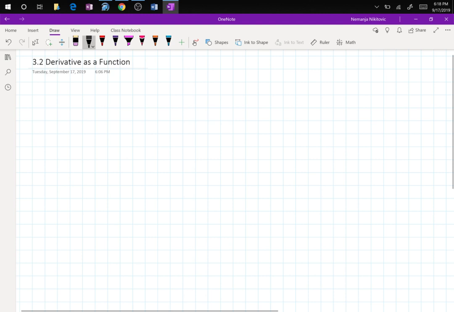We had a problem, I guess, where we said that f of x is, let's say, x squared, and then we went through calculation to find the derivative using that limit procedure of the difference quotient.